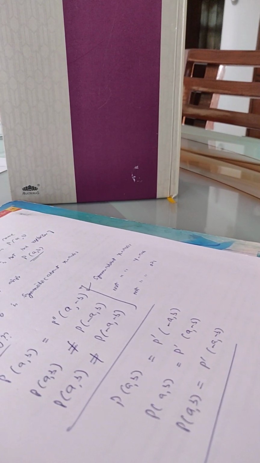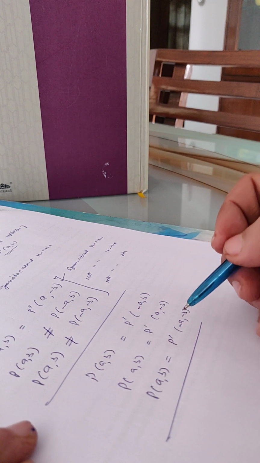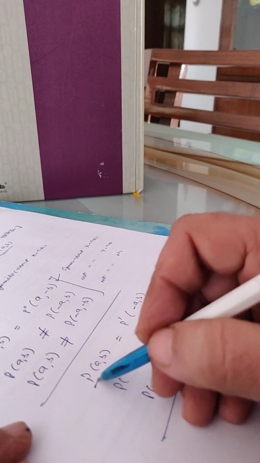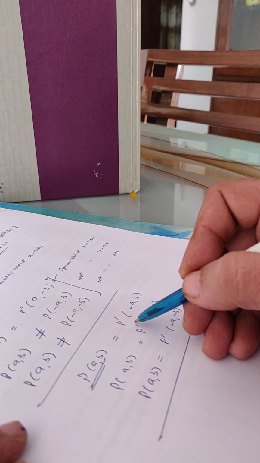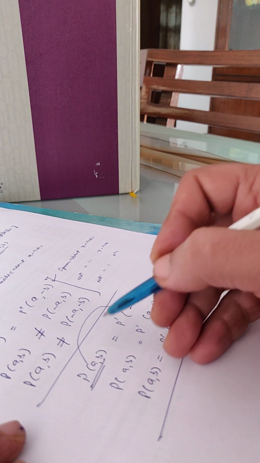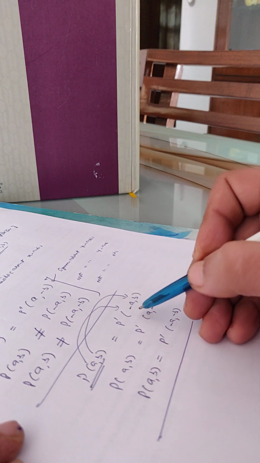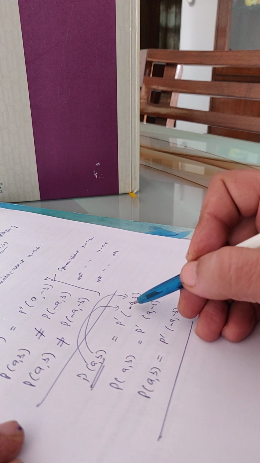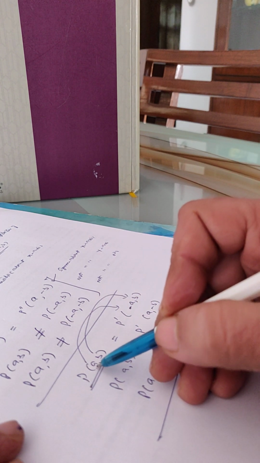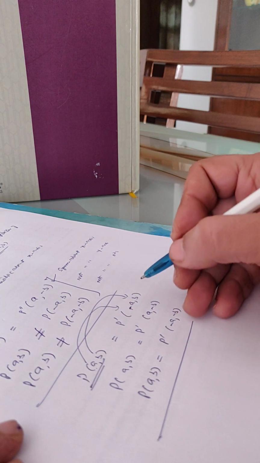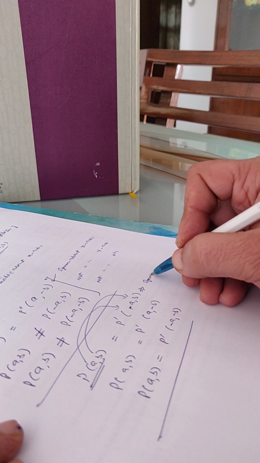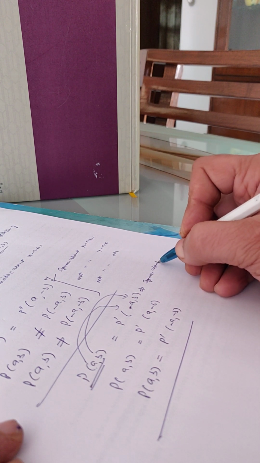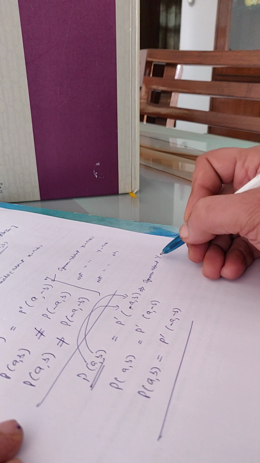So precisely, any point on the graph gives you a reflection with the same values, but only the x coordinate becomes negative, then we say this graph is symmetric about the y-axis.